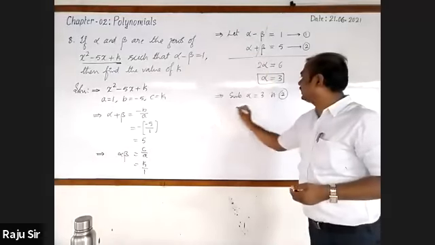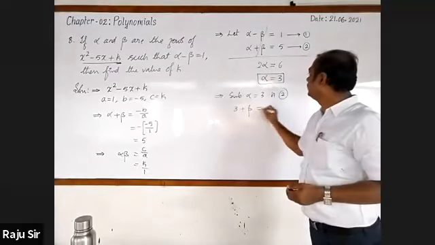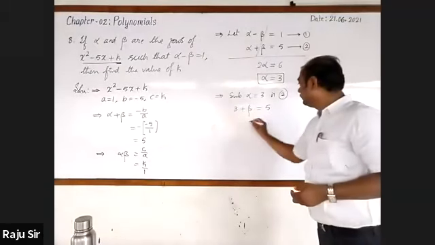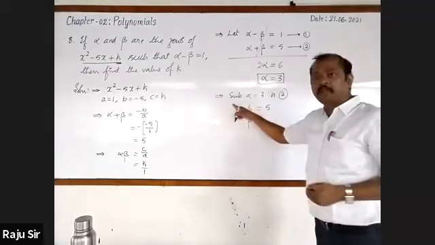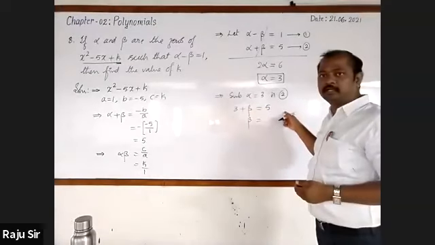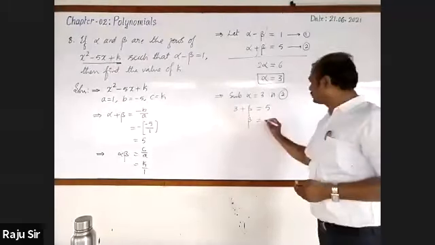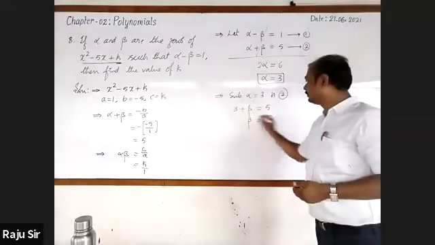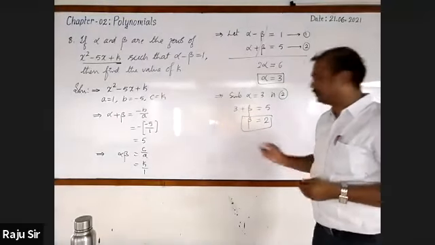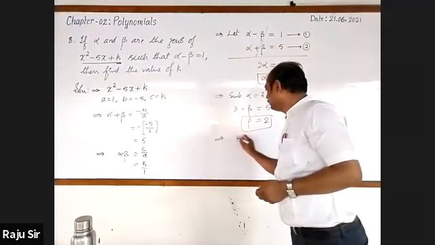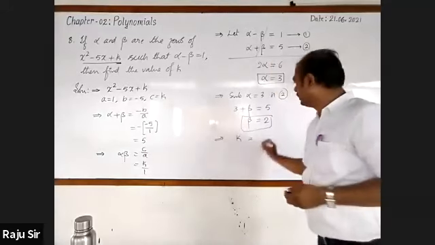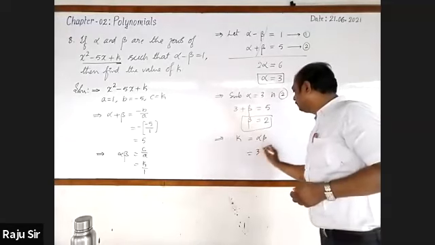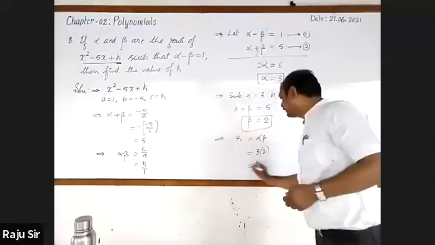In that alpha is 3, so 3 plus beta is equal to 5. Then beta is equal to 5 minus 3, transferring 3 to the right-hand side it becomes minus, so beta is 2. We want the k value. We know that k is alpha into beta, where alpha is 3 and beta is 2. The value of k is 6.